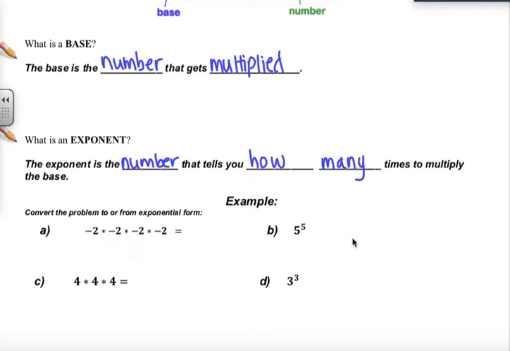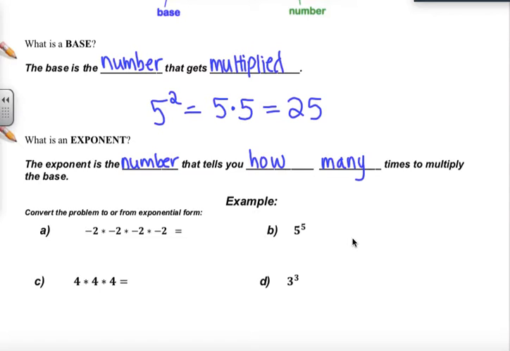For example, if I have something like 5 squared, that means 5 to the 2nd power. That does not mean you take 5 and you multiply it by 2. That means you take 5 and you multiply it by itself so that there are 2 5s there. This is the same thing as 5 times 5, which then you can simplify to be 25. So the base number is the number that's being multiplied.